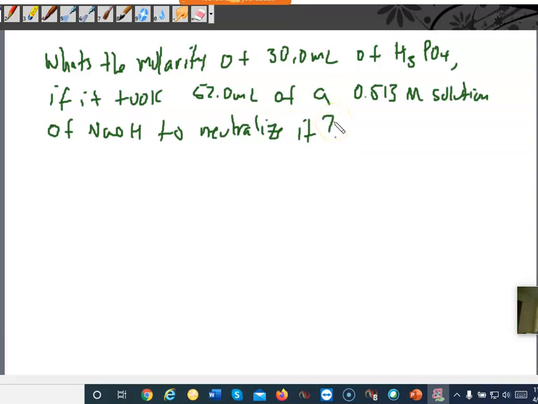All right, what is the molarity of 30 mils of phosphoric acid if it took 52.0 mils of a 0.513 molar solution of sodium hydroxide to neutralize it? All right, I'll give you guys a little bit of time.